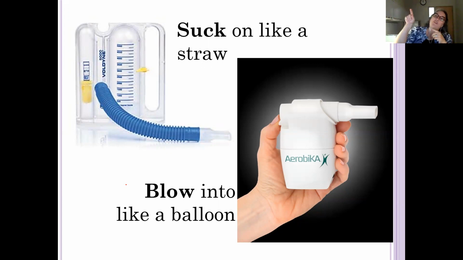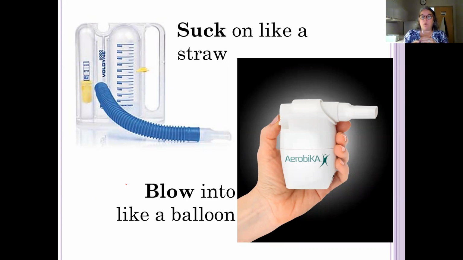Yes. So there's a couple different things that we can use to make sure that their airway and breathing is working well. There is incentive spirometry, and there is expirometry as well. So the incentive spirometer is the thing that we have in the picture here.